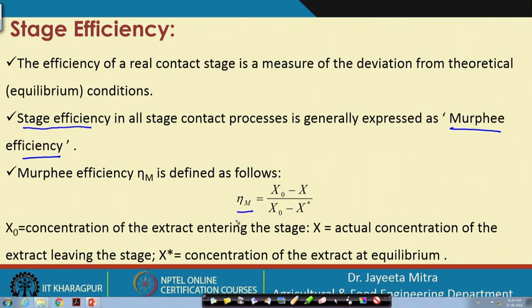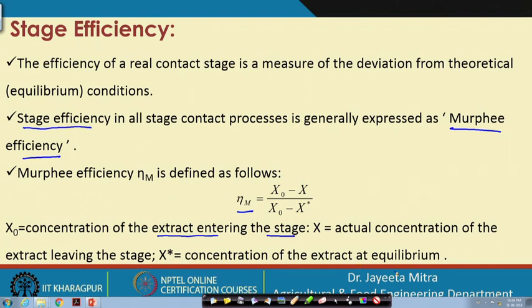in all stage contact processes is generally expressed as Murphy efficiency, denoted by eta m, that is equal to x 0 minus x by x 0 minus x star, where x 0 is the concentration of the extract entering the stage, x is the actual concentration of the extract leaving the stage, and x star is the concentration of the extract at equilibrium.